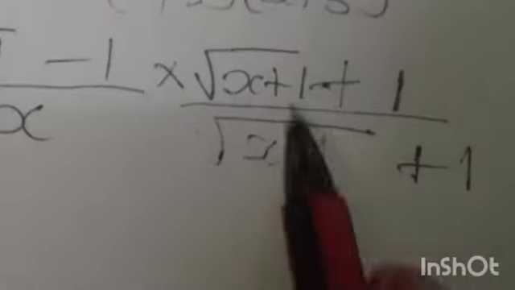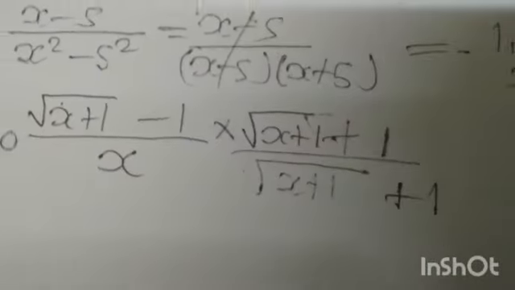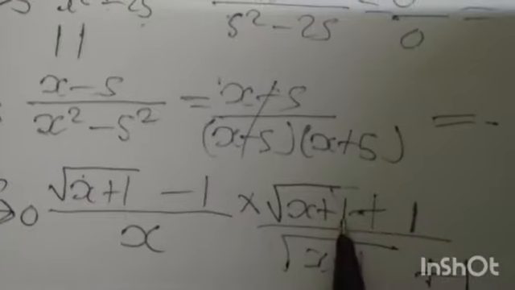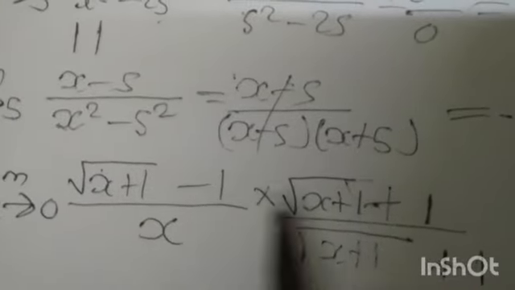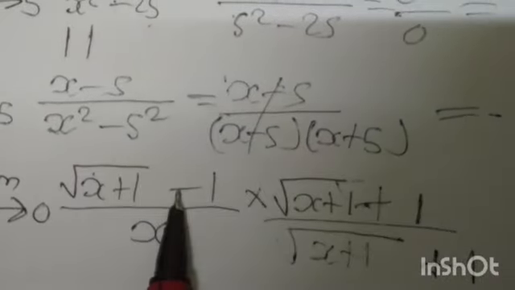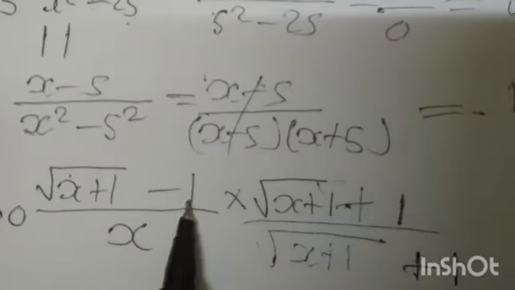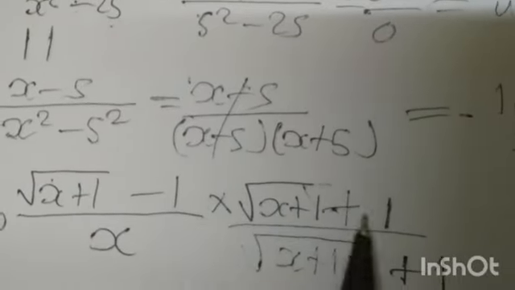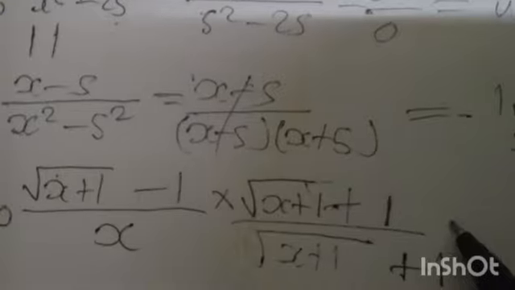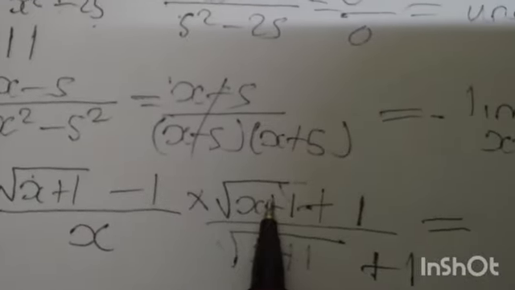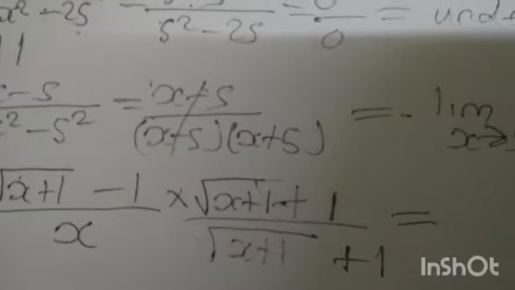If you remember the rules of difference of squares, this is A, this is B, and this is negative, this is positive. So when you are multiplying, you just multiply A times A, B times B, because of the difference in signs. So this times this will be squared, and the square and square root will cancel. So we will only remain with x plus 1 here. Then negative 1 times positive 1 gives negative 1.